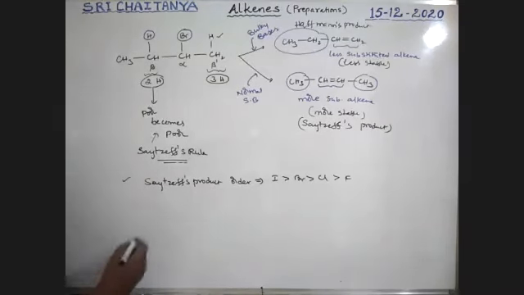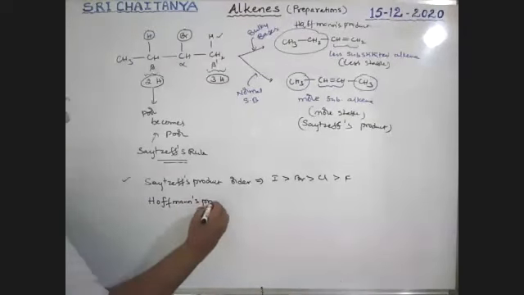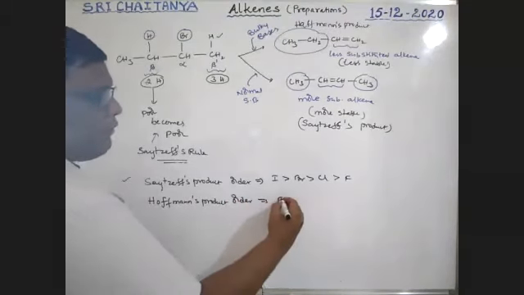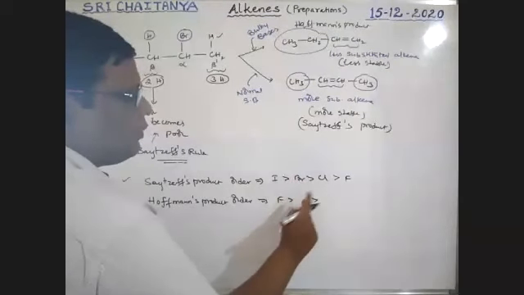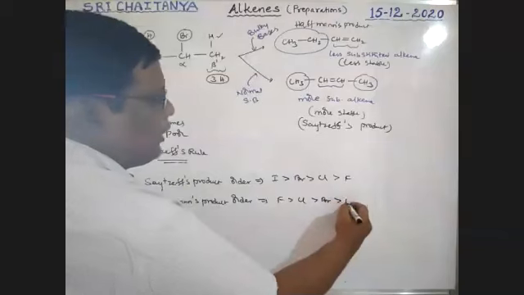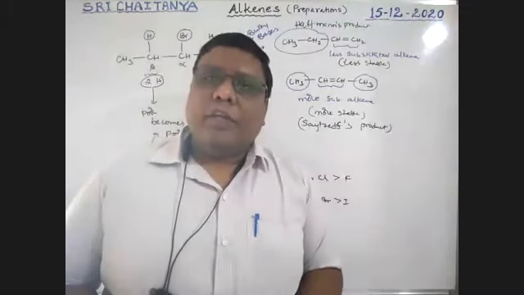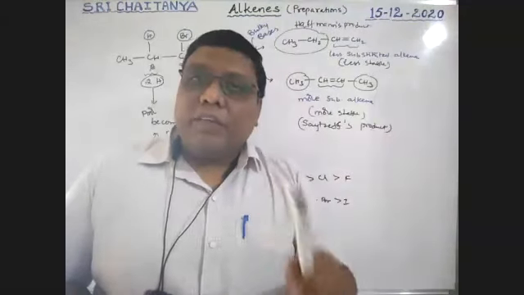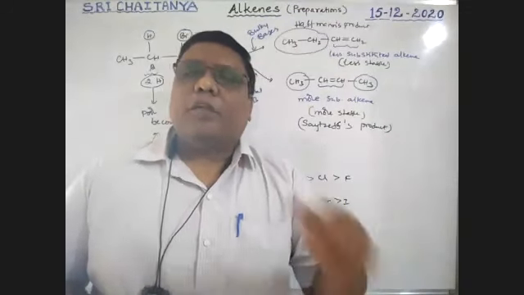Next, the Hofmann product order: fluorine greater than chlorine greater than bromine greater than iodine, boys. That means if the leaving group is fluorine, the Hofmann product predominates. If the leaving group is iodine or bromine, the Saytzeff product predominates.